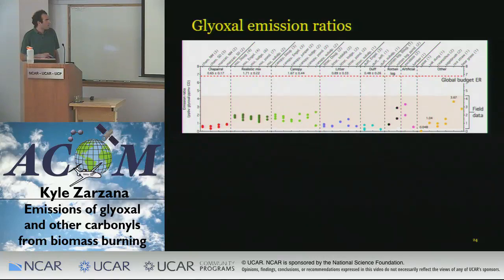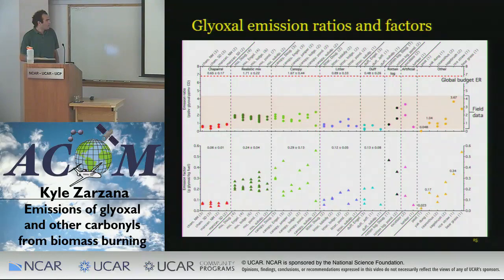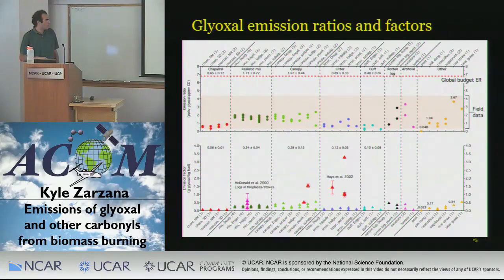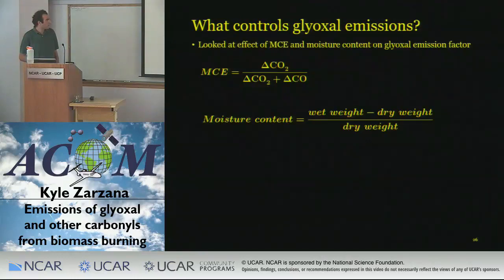And these are also, again, much lower than what was predicted by the global budget. They're up here around 7, and we're seeing about an average of 1.6 ppb glyoxal per ppm of CO. Down here are the emission factors. Again, pretty good agreement within a fuel type, and much lower than those previous laboratory measurements.